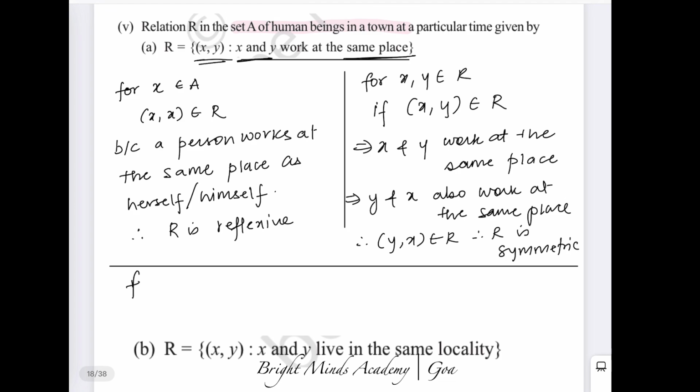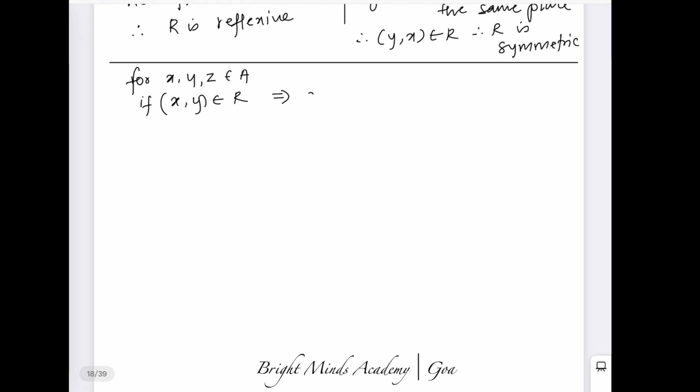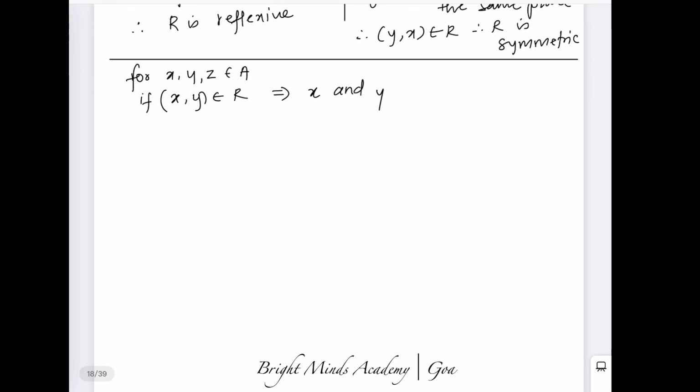Last we'll check for transitive behavior. For x, y, z belonging to the set A, if (x, y) belongs to the relation R, this implies that x and y work at the same place.